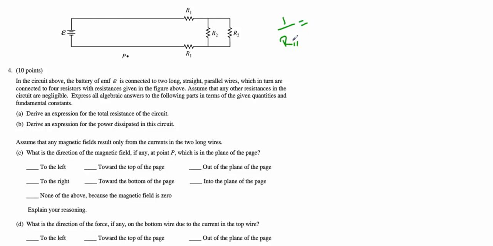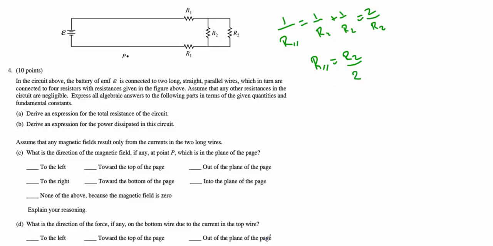You could write 1 over A or 1 over P to represent parallel, anything like that, will equal 1 over R2 plus 1 over R2. And since the bottom number for each is the same, we're looking at 2 over R2. However, that's 1 over the parallel equivalence. So we don't want 1 over parallel anymore. We want parallel. So my parallel equivalence is going to be R2 over 2.